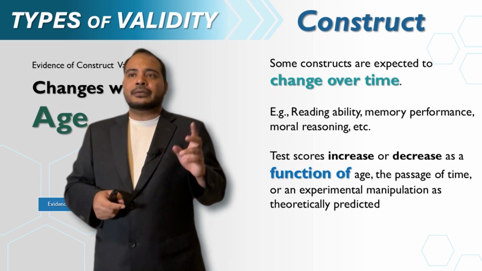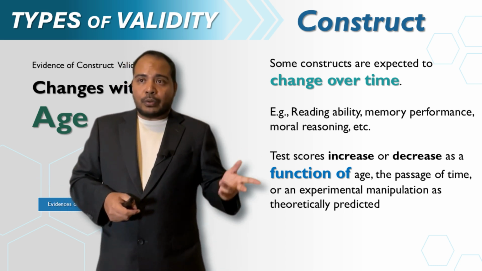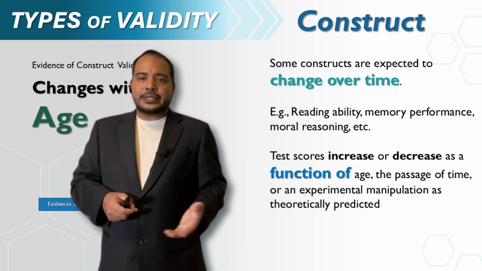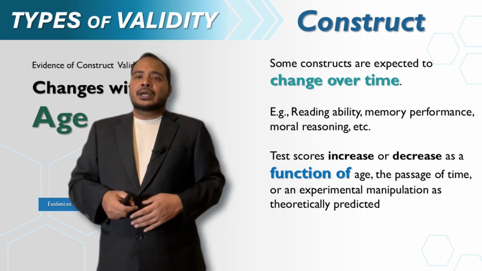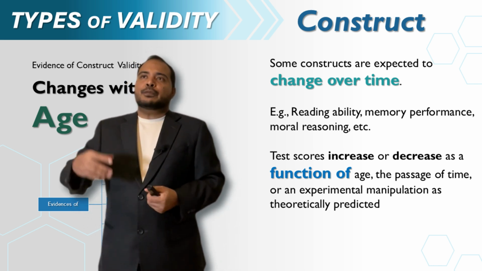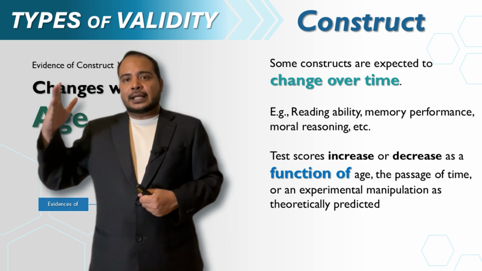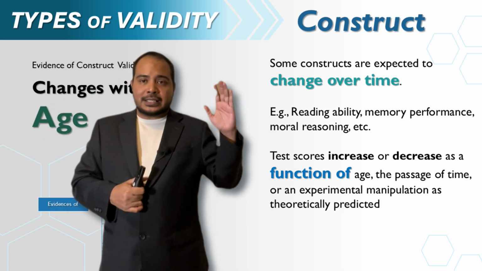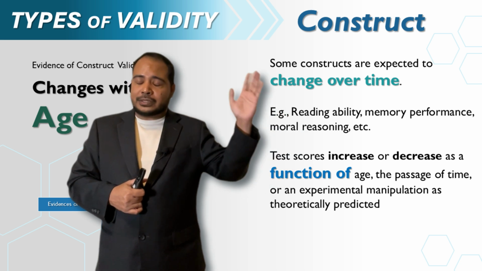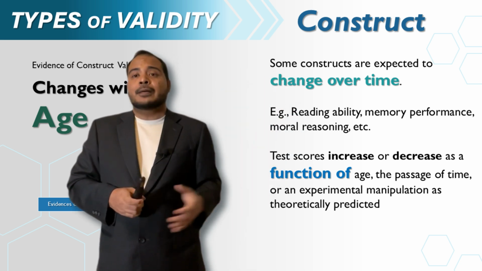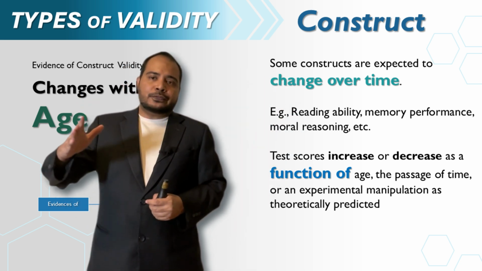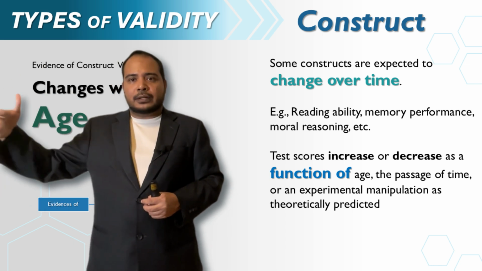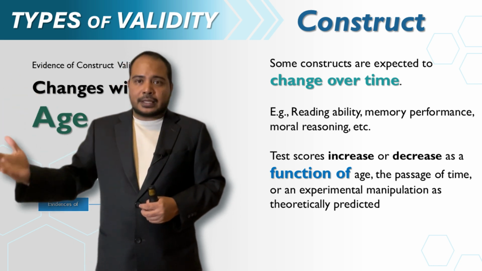For example, reading ability, memory performance, moral reasoning, or maybe intelligence. So in this case, if we are going to test the level of intelligence of a 16 years old boy or teenager, we expect that after 5 years the level of intelligence will increase.